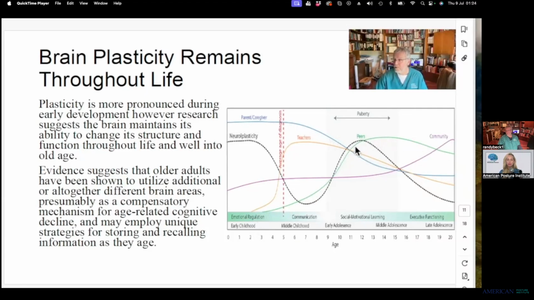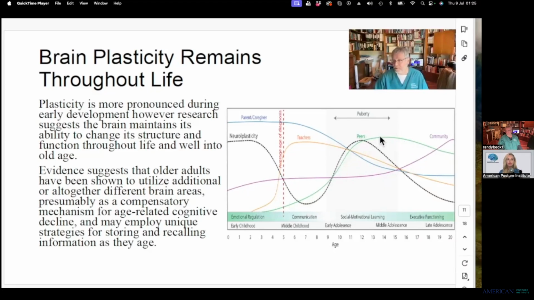This is the hormonal component of neuroplasticity. Community has a reasonably significant contribution until puberty, and then after puberty it actually rises into old age. Our peers' biggest contribution happens after puberty, into late adolescence and into older age.